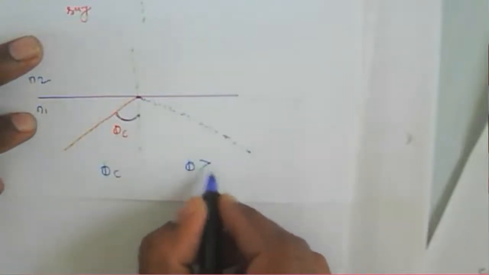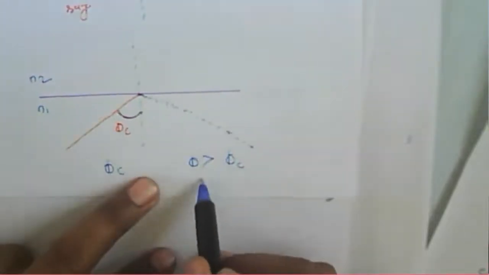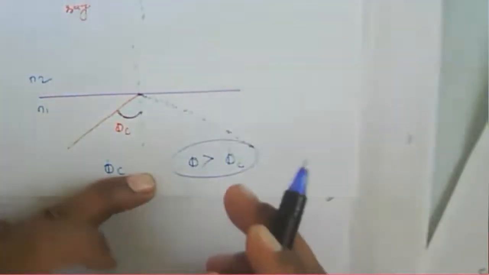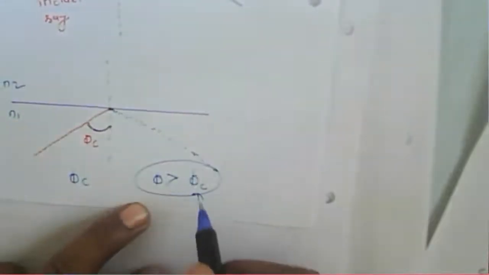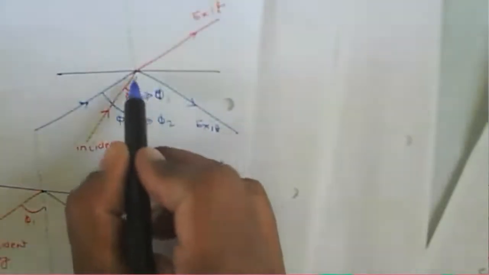Critical value means that as this value increases past the critical value, your signal's refraction and reflection depend upon whatever the critical value is.